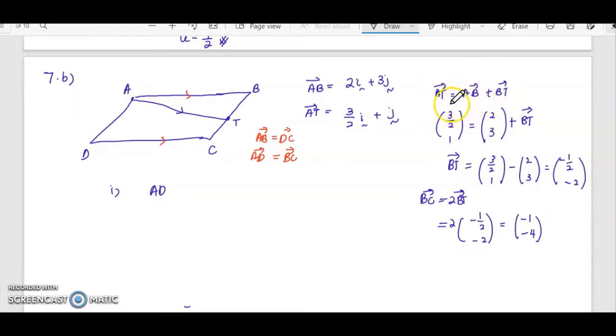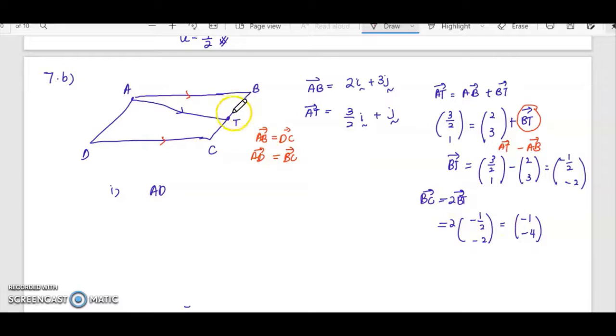We know that the vector AT is equal to AB plus BT. So I change to column vector form, which is easier, making it simpler for us to subtract and add. So we have (3/2, 1) and then (2, 3). Here we calculate the value of BT by vector AT minus vector AB. So we get BT equal to (negative 1 over 2, negative 2). That is the vector BT.